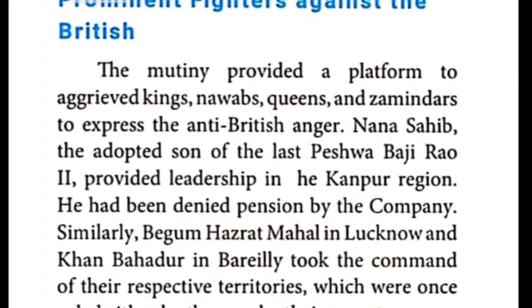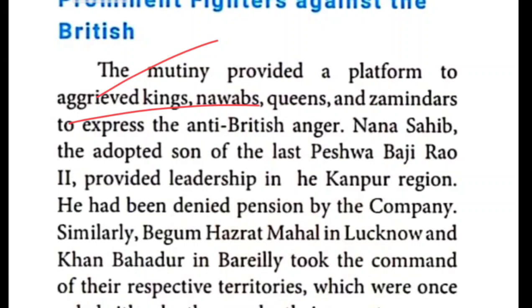The mutiny provided a platform to the aggrieved kings. What is meant by aggrieved? Angry. So the kings got angry. Nawabs, queens and zamindars showed their anger against the British. Nana Sahib, who was he?